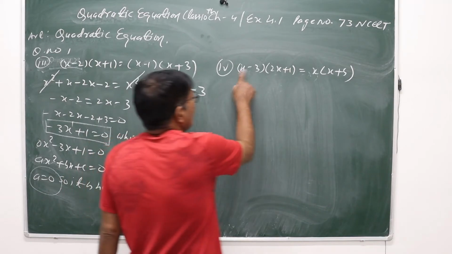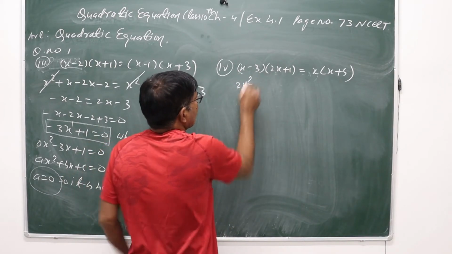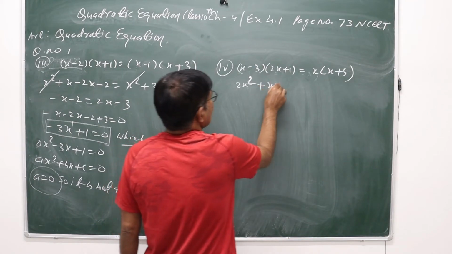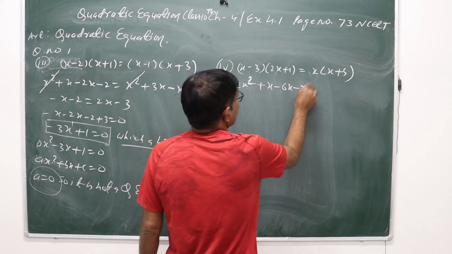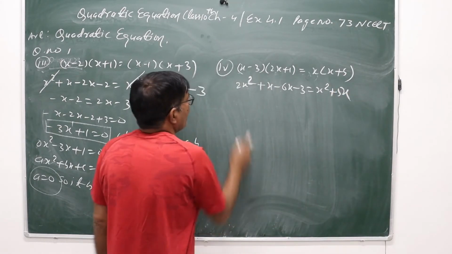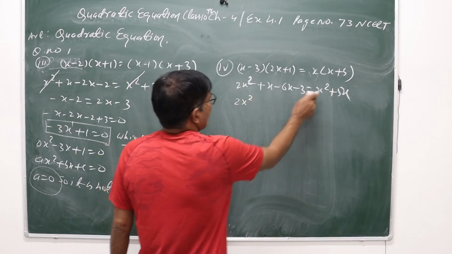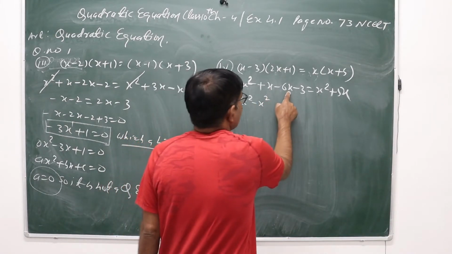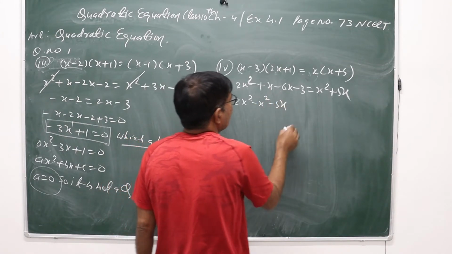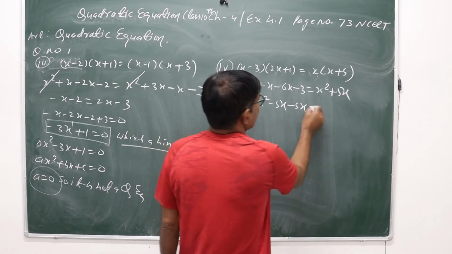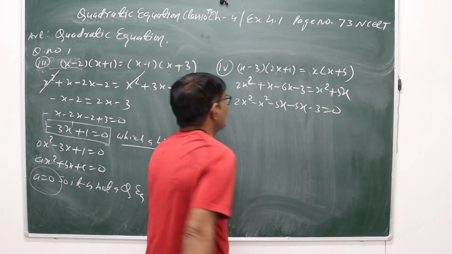So let me multiply: x into 2x square, x into 2 plus 1x minus 6x minus 3; right में x square plus 5x. Now 2x square इस वाली टर्म को लेफ्ट में ट्रांसफर करेंगे, minus x square, x minus 6x minus of 5x, and this plus 5x राइट में आएगा, minus 5x minus 3 is equals to 0.